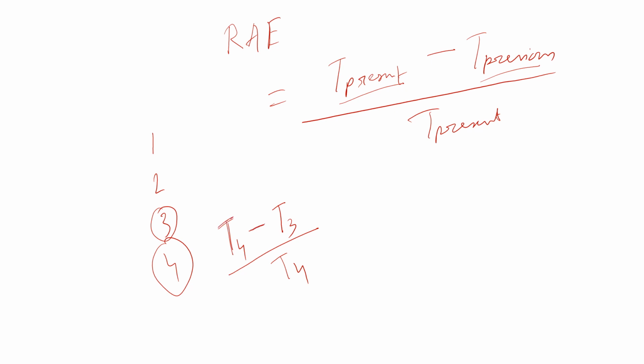Now you subtract T3, the temperature in the previous iteration, and then divide it by the present temperature, the temperature after you have computed the present iteration. And then you take the absolute value and multiply it by 100. So it will give the percentage relative absolute error.